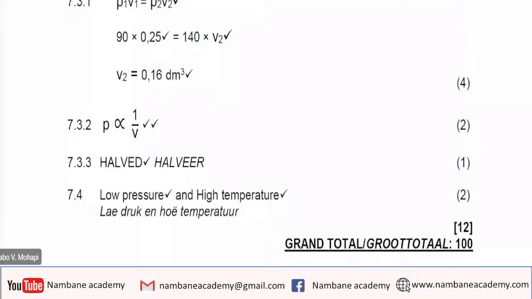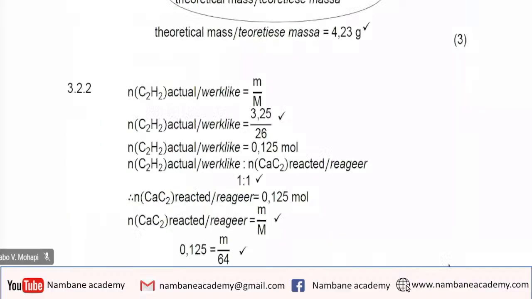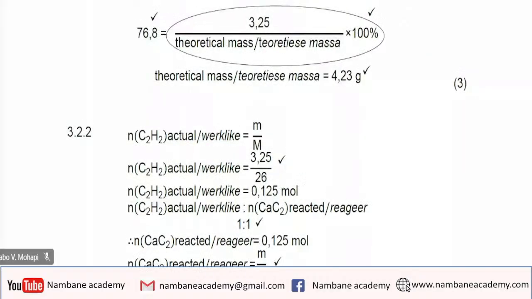Good morning once more. Can we please go back to question 3? If you look at question 3.1, the first question was asking if CaC2 is the limiting or excess agent.